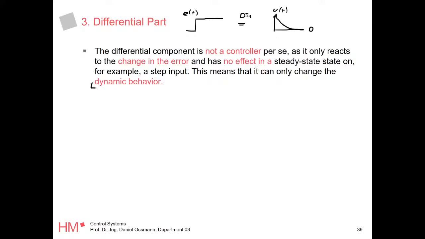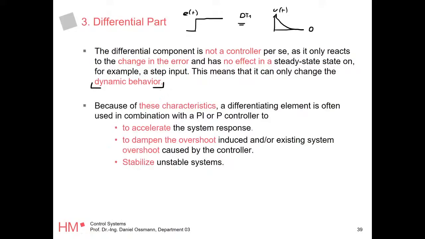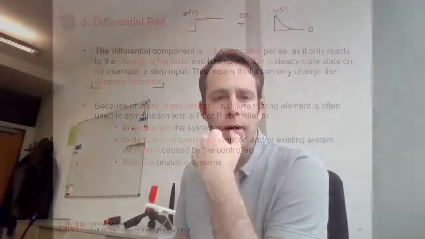So it's only changing the dynamical behavior. And this is actually what it is doing. You're using this differentiator in combination with proportional integral controllers or proportional controller, not with integral controllers, to accelerate the system response, to damp the overshoot, and to stabilize unstable systems.